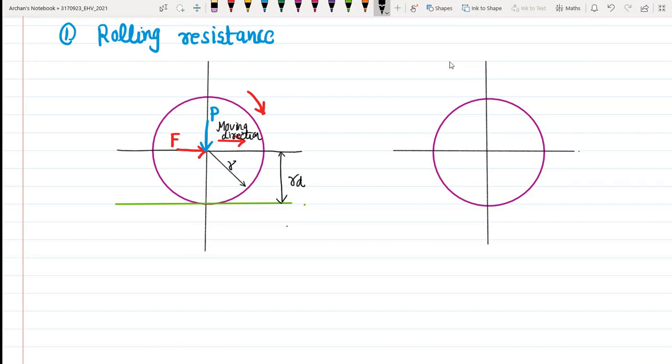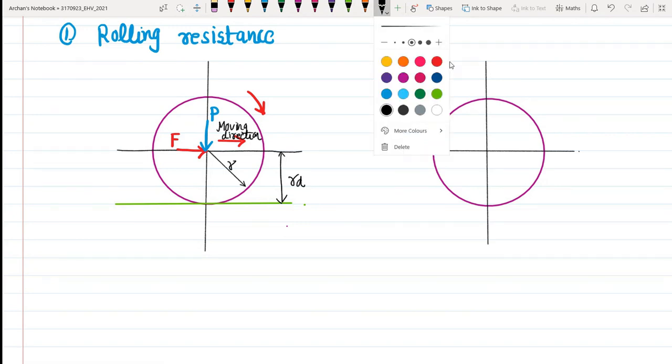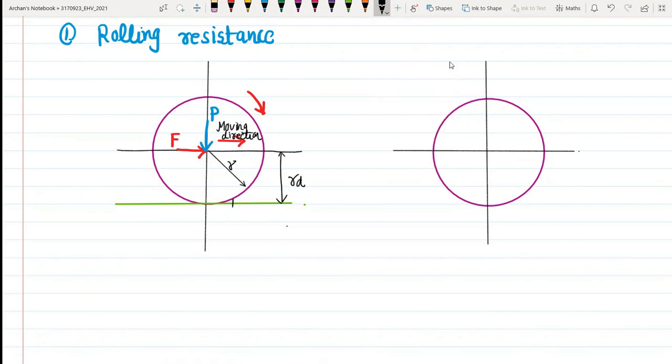So the pressure applied onto the road will be like this. This is the actual condition.